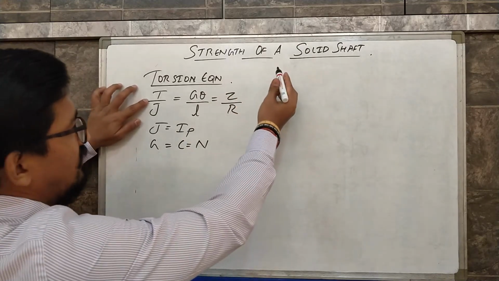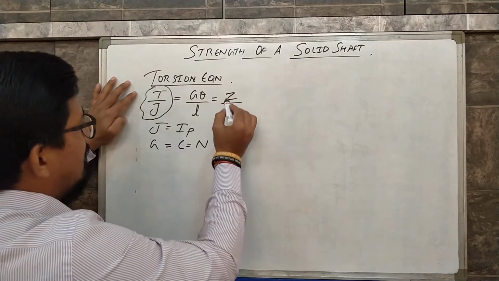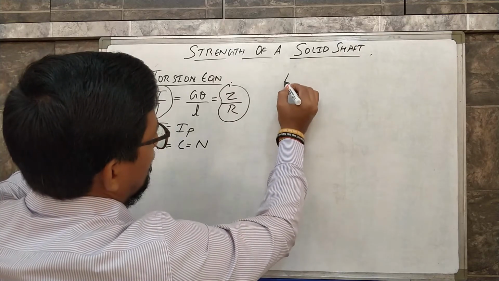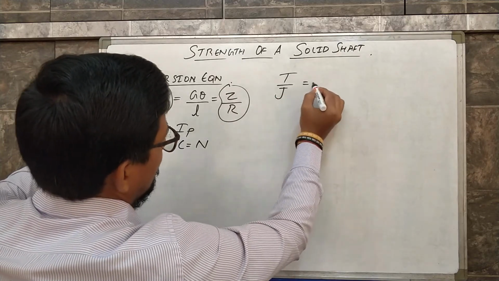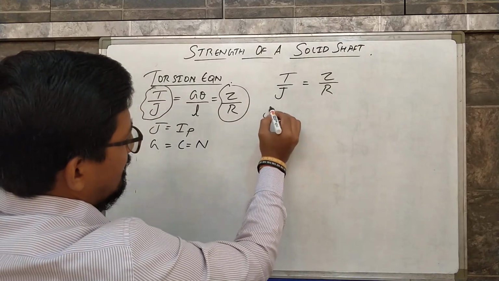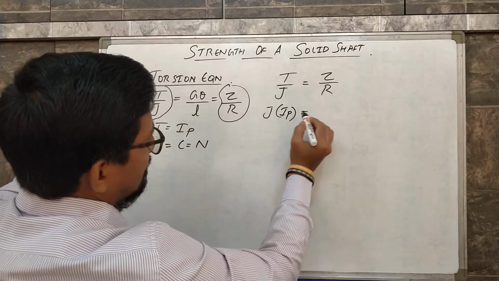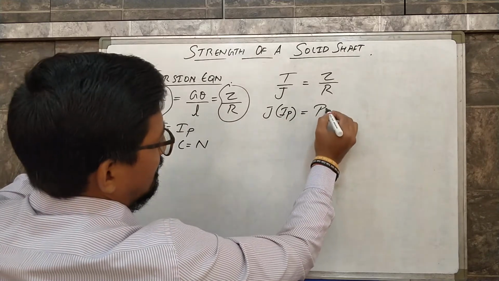So for strength of a solid shaft, if I take this equation, this term and this term, and if I write T by J is equal to tau by R. So this J, as we know, is denoted by IP in some of the textbooks, is the polar moment of inertia.